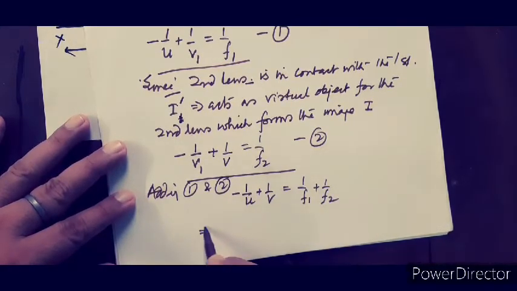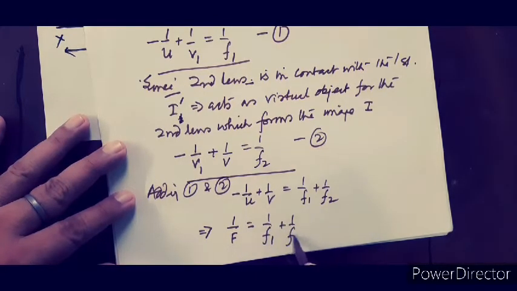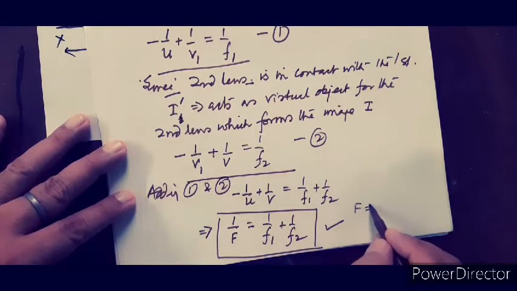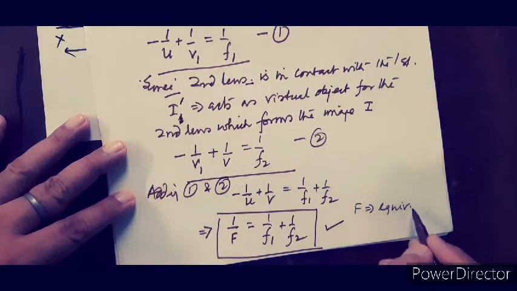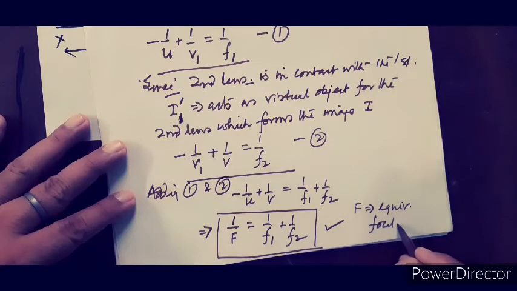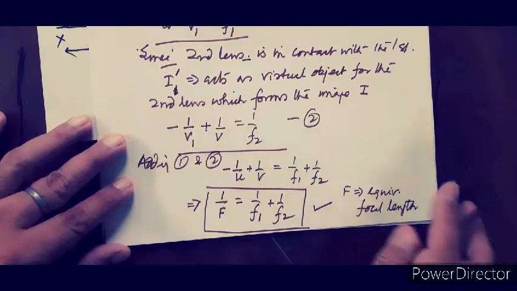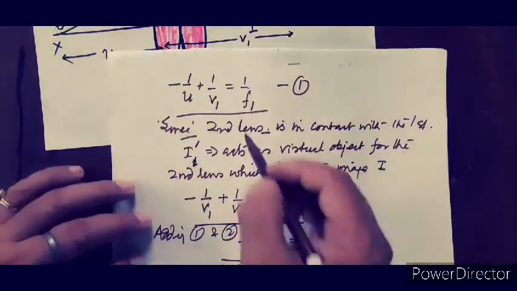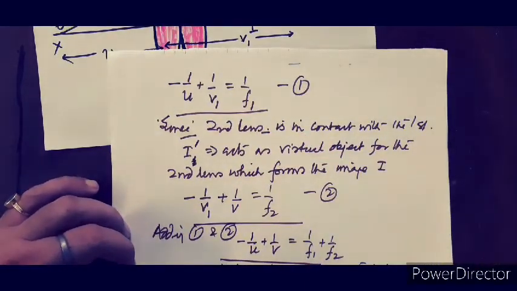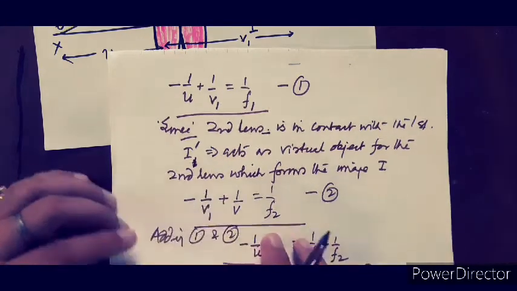And this is your resultant focal length, say 1 by capital F. 1 by resultant or equivalent focal length is 1 by F1 plus 1 by F2. This is the expression for equivalent F. Capital F is the equivalent focal length. Clear? Just add it. 1 by F is equal to 1 by F1 plus 1 by F2.